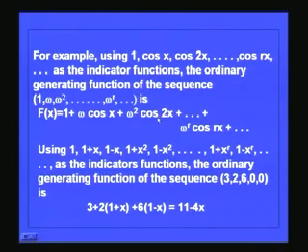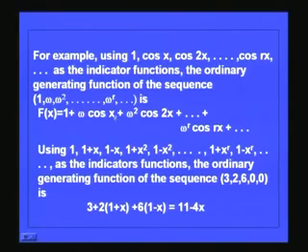So for omega to the r you will have cos r x. So the expression is 1 plus omega cos x, omega squared cos 2x, etc., omega to the r cos r x. This is the ordinary generating function for the sequence 1, omega, omega squared, etc., using the sequence 1, cos x, cos 2x, cos r x as indicator functions.